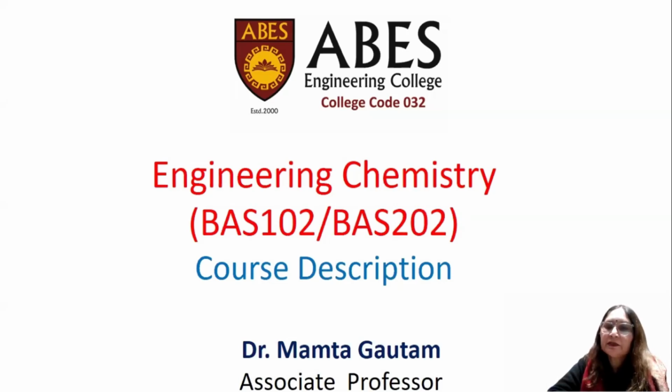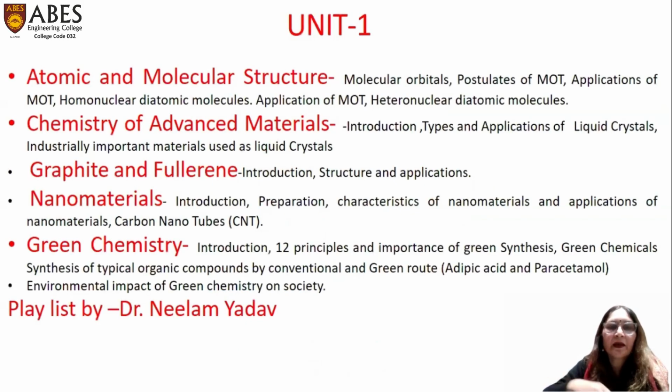In this video lecture, we will be providing you the course description about AKTU, subject Engineering Chemistry, and the subject code is BAS 102. The complete syllabus is divided into 5 units, and the very first unit is atomic and molecular structure.